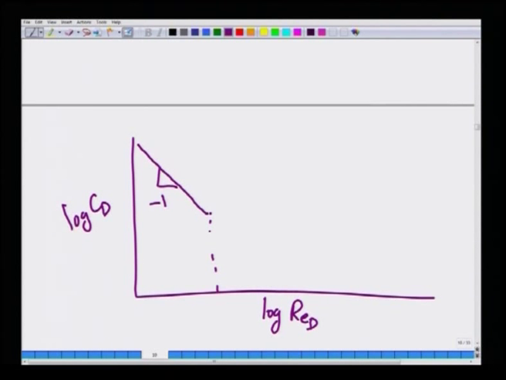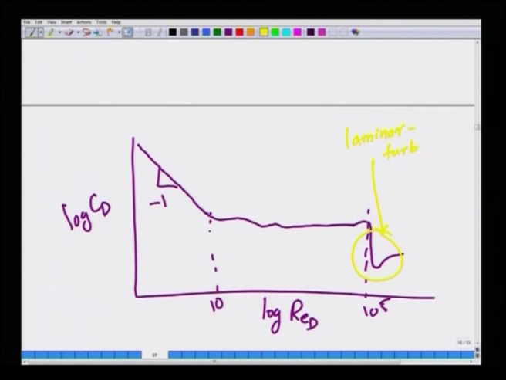Now, after that the CD will appear like this, there will be a zone of constant drag, and then suddenly the drag decreases at a Reynolds number of about 10 to the 5. Okay. Now, here the sudden decrease is because there is a transition from laminar flow to turbulence. The boundary layer past the sphere has become turbulent.